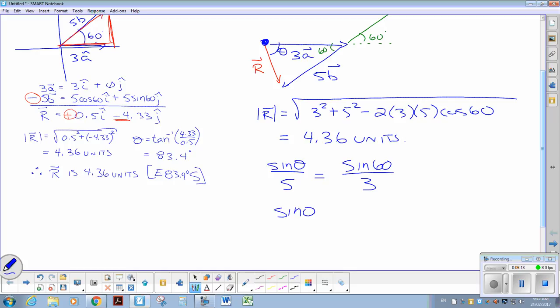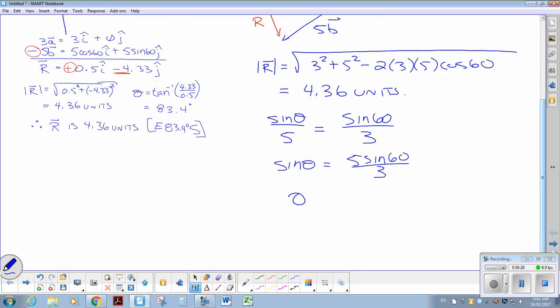So sine theta equals 5 sine 60 over 3. Calculating that, 5 times sine 60, divided by 3, and that's a problem. It only gives me 1.44. So what did I do wrong here?